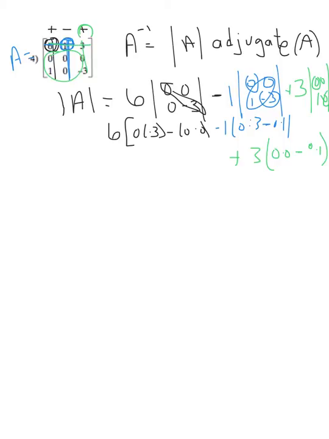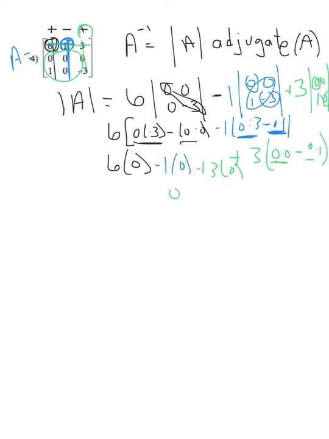Okay, this is looking not very difficult now. So we've got 6 times 0 minus 0 is 0. Then I've got minus 1 times 0 minus, oh no, that's 0 times 1, so that's going to be 0. And then I've got plus 3 times 0 minus 0. So that's all going to add up to 0.